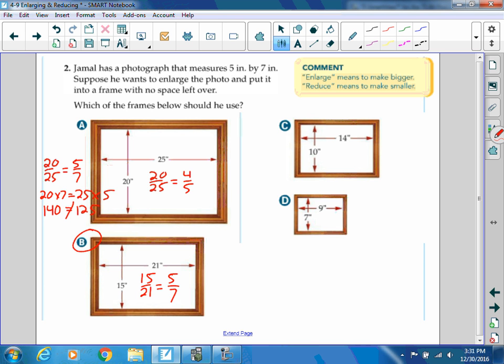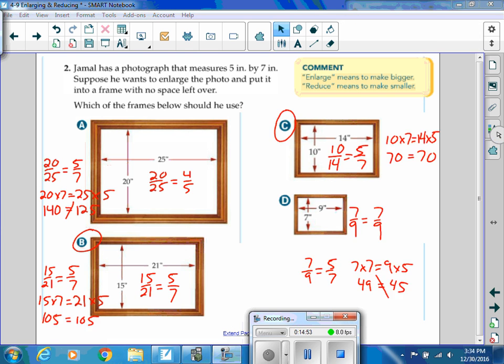Again, if you're not good at reducing fractions, you could set up the 15 over 21 and the 5 over 7 and do your cross multiplication here and see if 21 times 5, I'm sorry, is equal to 15 times 7. In that case, they will be. In C, if you look at C, you can see that 10/14 will reduce to 5/7. And if you look at D, you can see that it's not going to work.